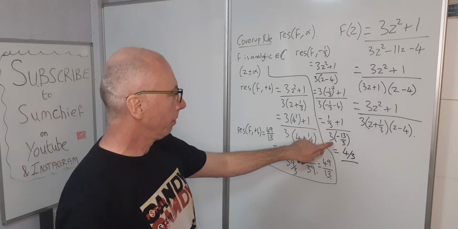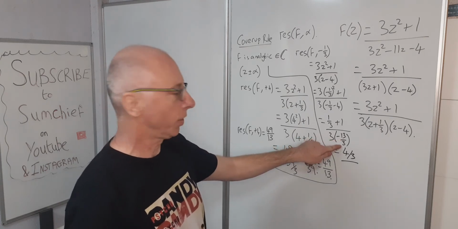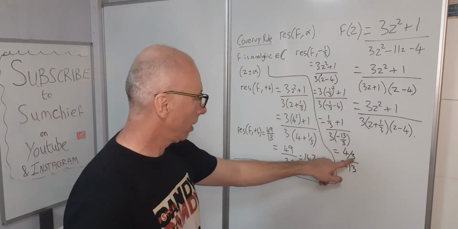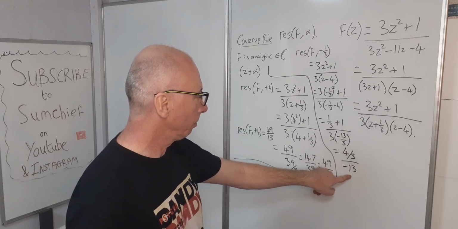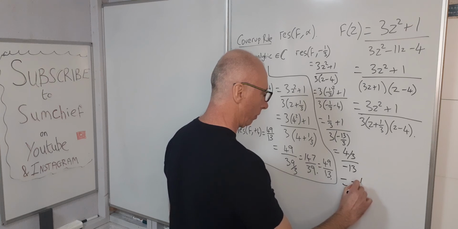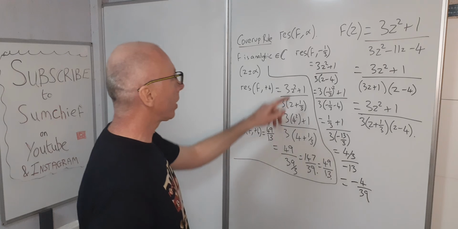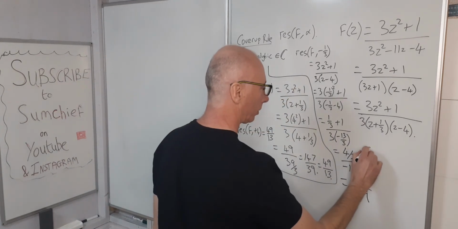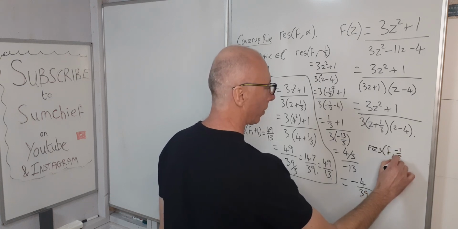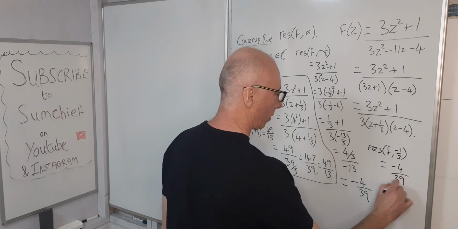Right, careful on this one. 3 times minus 13 over 3 is just minus 13. Now we can bring the 3 down to the bottom, and with the minus out front as well, minus 4 over 39. So therefore the residue of f at minus 1/3 equals minus 4 over 39.